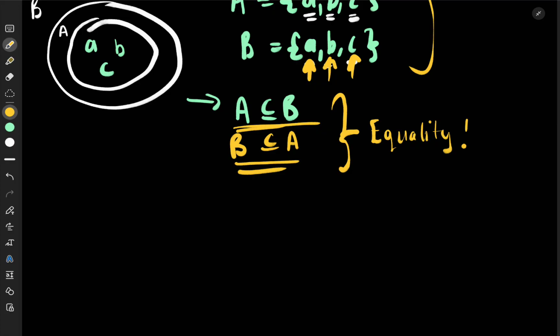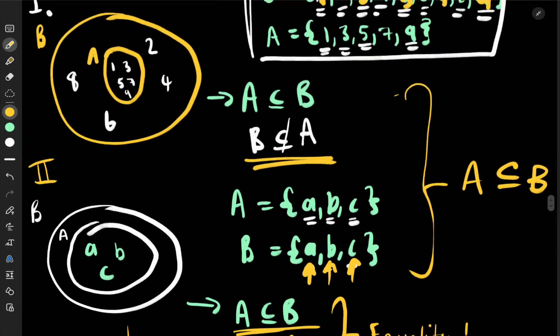They are equal to one another. If A is a subset of B and B is a subset of A, then we can say that A is equal to B. Equality is a situation that we have in sets.